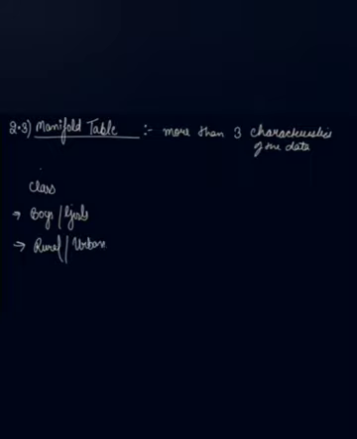Then I further classify that married or unmarried. So you have classified the data in more than three characteristics. The four characteristics you have used. So whenever you show more than three characteristics of the data in the table, in that case it is known as a manifold table. I hope you have understood the kinds of table.